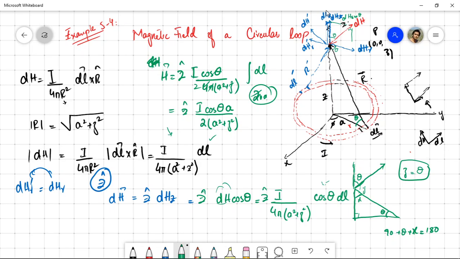And if we want to mention this cos theta in terms of a and z, then we'll take this triangle, and what will be the value of cos theta? It is a over the hypotenuse r, which will be the square root of a square plus z square. So we'll put the value of this cos theta into this expression.